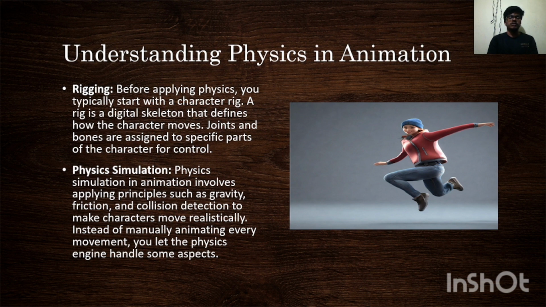Physics simulation. Physics simulation in animation involves applying principles such as gravity, friction, and collision detection to make characters move more realistically. Instead of manually animating every movement, you let the physics engine handle some aspects.